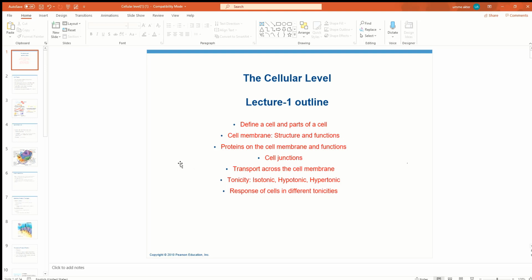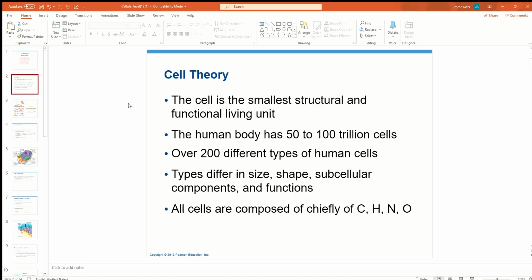So first, it is important to know that there are 50 to 100 trillion cells in the human body. Not million, not billion, 50 to 100 trillion.